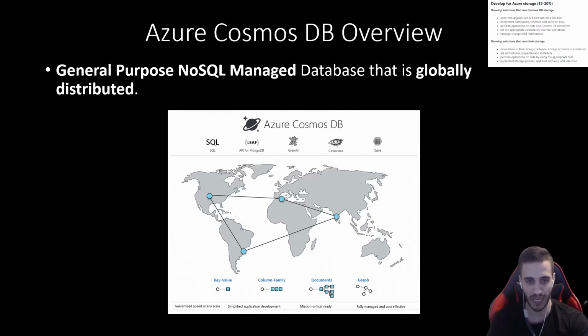So if your applications are already leveraging MongoDB, you don't have to make any changes in the code, so you can still leverage that. And the same is true for Gremlin, Cassandra, and table storage, which I will go through in a bit. And the forms of those data are stored in either key value pairs, column family, documents, or graph database. So this is what I mean by general purpose.